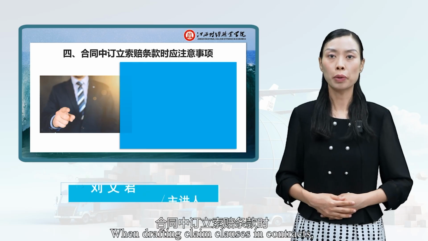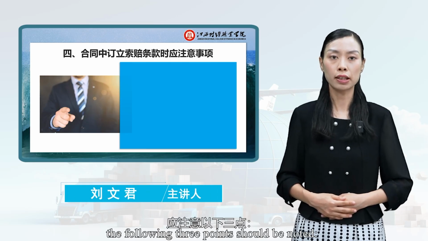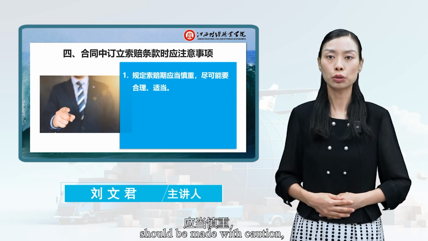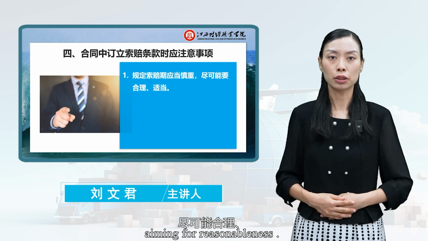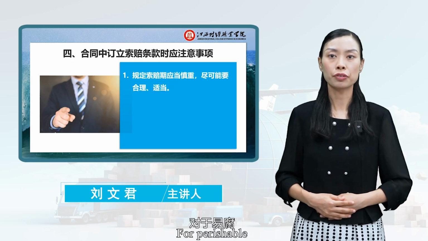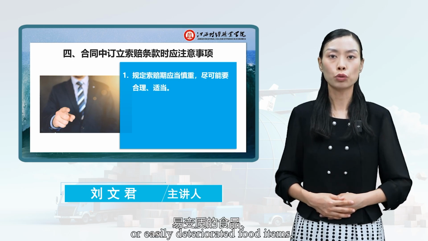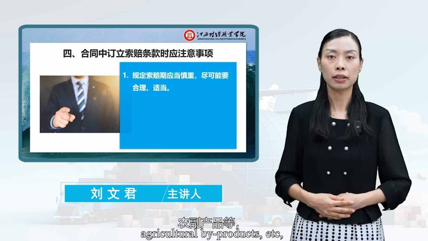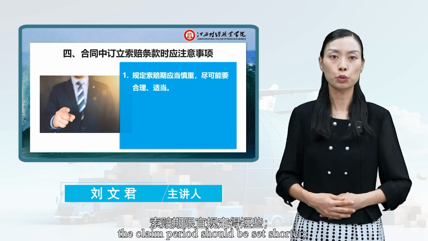When drafting claim clauses in contracts, the following three points should be noted. First, the stipulation of the claim period should be made with caution, aiming for reasonableness and appropriateness. For perishable or easily deteriorated food items, agricultural byproducts, etc., the claim period should be set shorter.